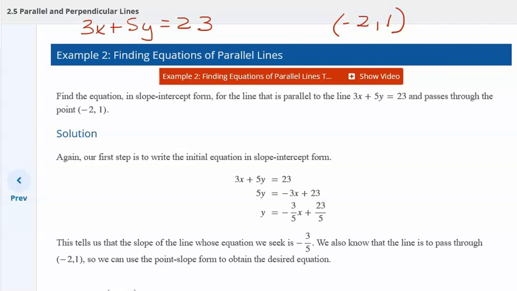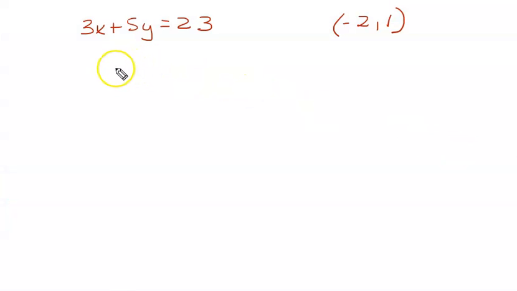Now in example 2, they want us to find a line that is parallel to this equation, it's in standard form, but goes through this particular point. So what would you do for that? Well, let's go to the whiteboard. And first, we want to find out what is the slope of this equation in standard form.